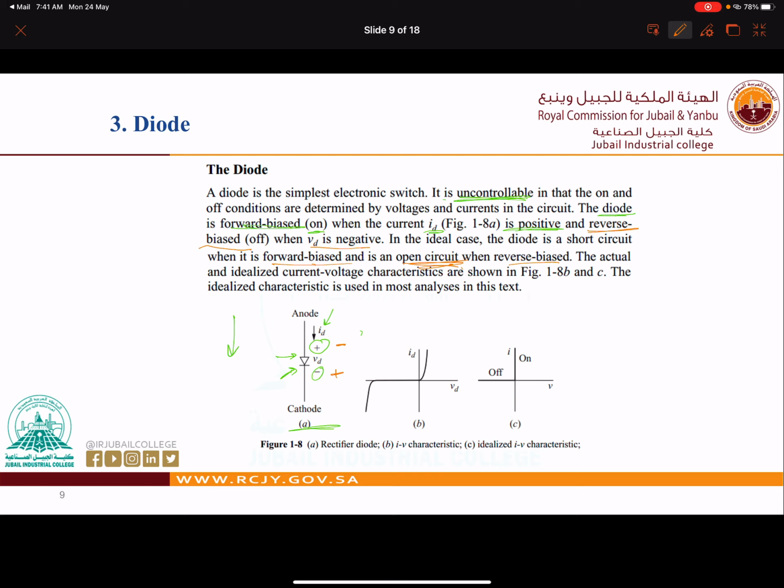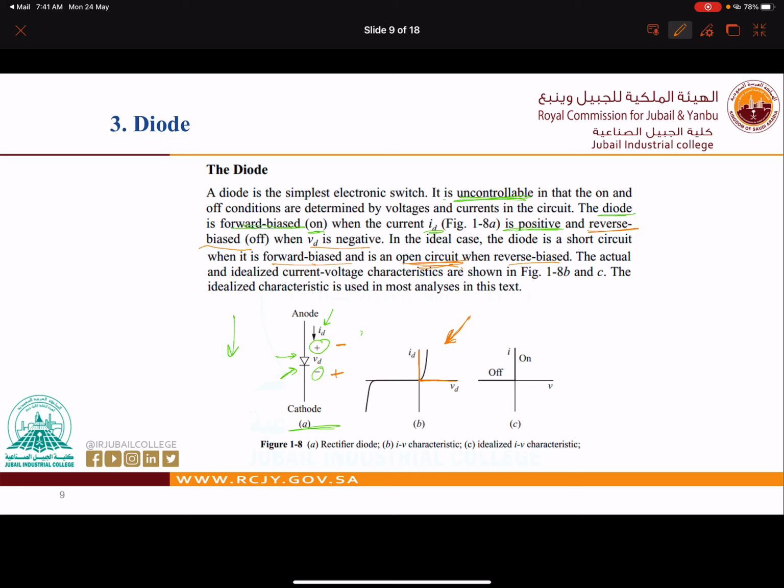Now this is the voltage and current characteristic of the diode. This is V diode, and this is the current I diode. In this portion, the diode is on.